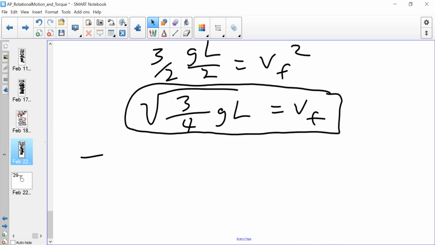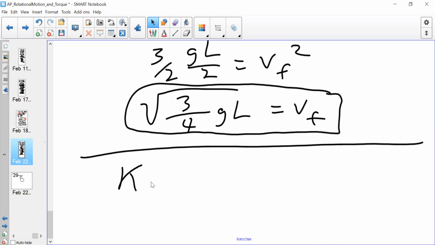So the next thing we want to find is just a simplified expression for rotational kinetic energy. Who wants to volunteer for that? I actually just kind of did it, but did anybody get that one?